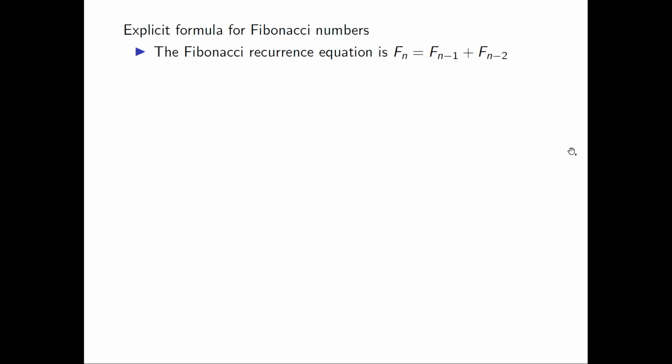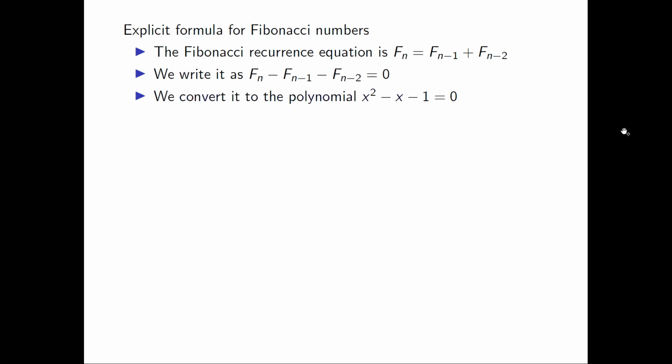So there is our recurrence equation for the Fibonacci sequence. F sub n equals f sub n minus 1 plus f sub n minus 2. We will subtract the right side from both sides. That gives us f sub n minus f sub n minus 1 minus f sub n minus 2 equals 0. We can convert this to the polynomial x squared minus x minus 1 equals 0.